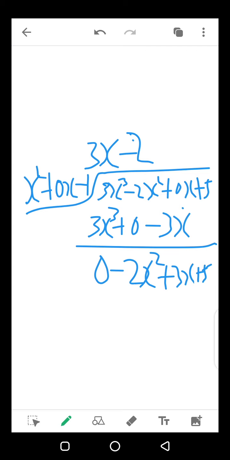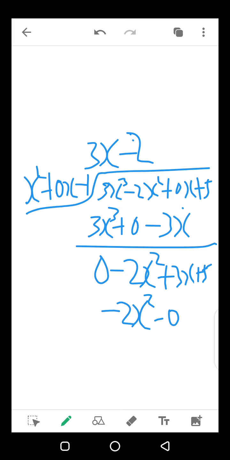Now minus 2 times x raised to power 2, we are going to have minus 2x raised to power 2. Minus 2 times 0x, we are going to get minus 0.